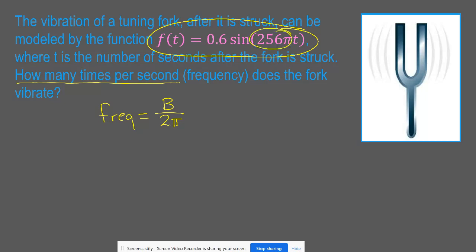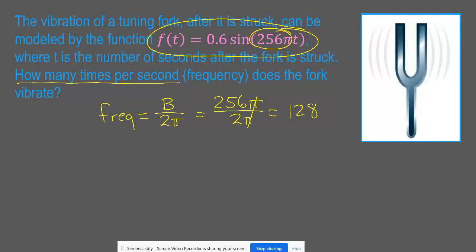So b is 256 pi. So for our frequency, we'll take 256 pi and divide it by 2 pi. Our pi's cancel out, and then we can divide 256 by 2. You will get 128. And so it's 128 vibrations per second.